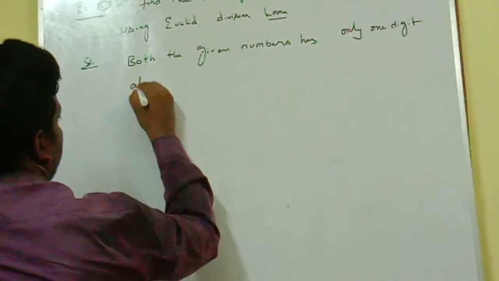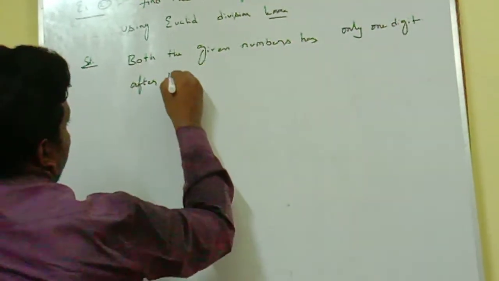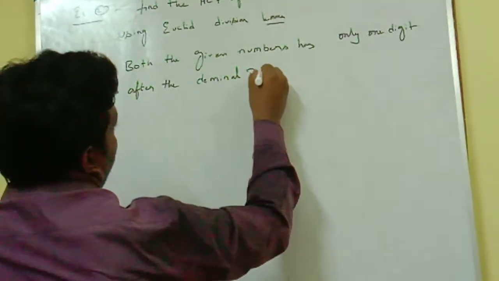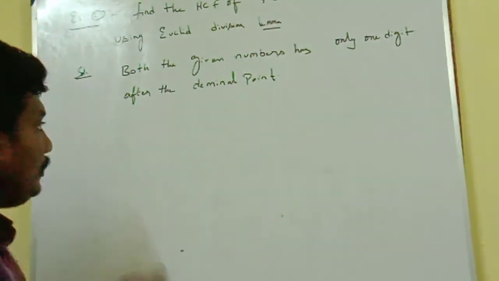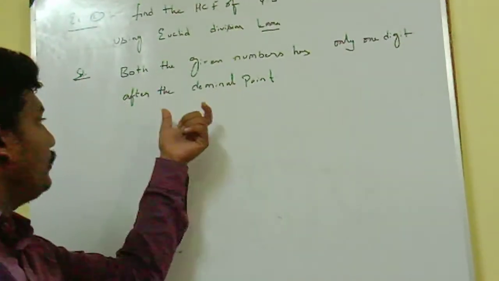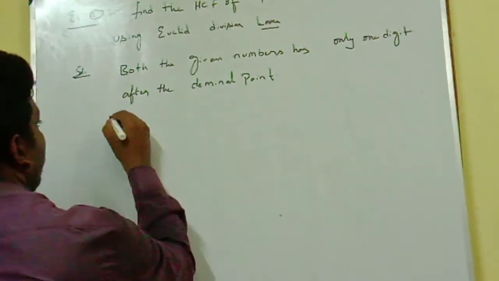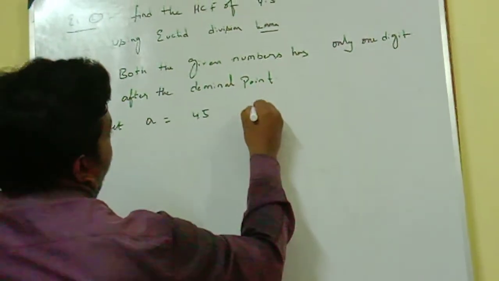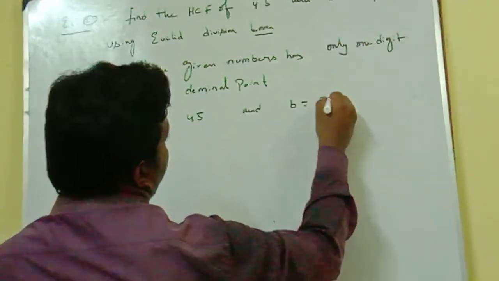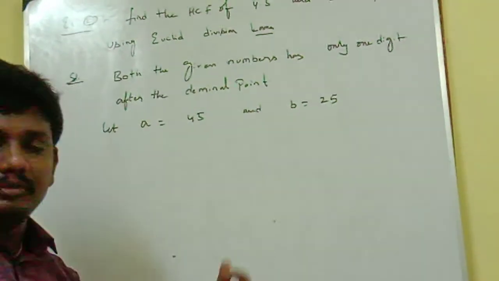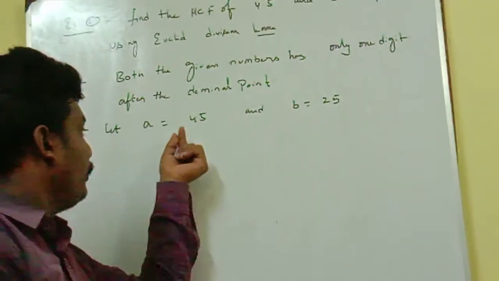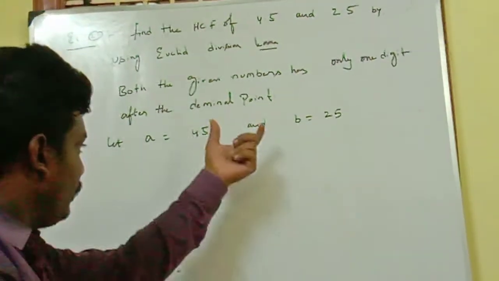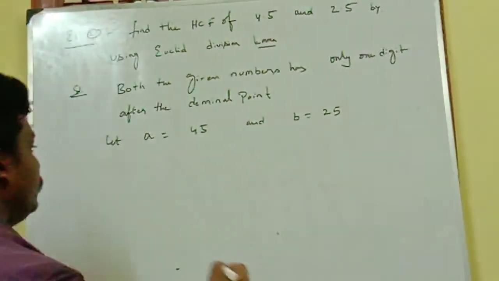So let A equal 45 and B equal 25. We just remove the point, and consider 4.5 as 45 and 2.5 as 25. Now we proceed with the same steps as in the above problem.